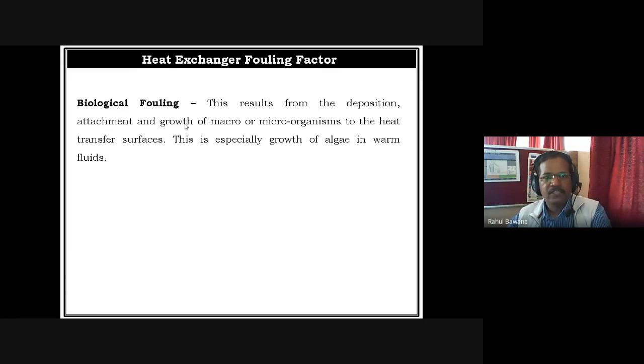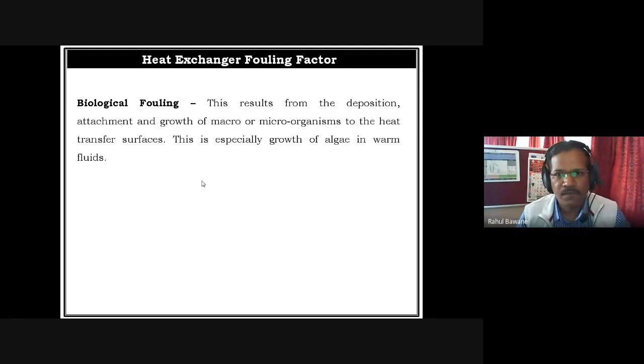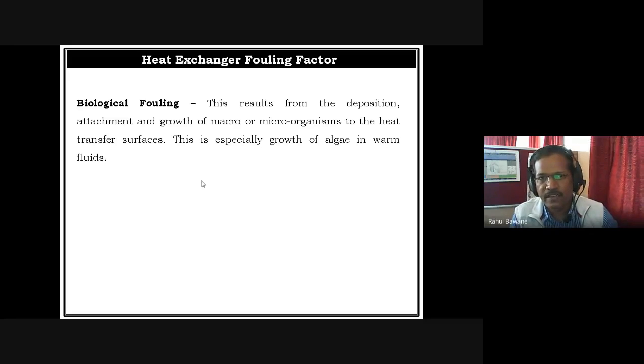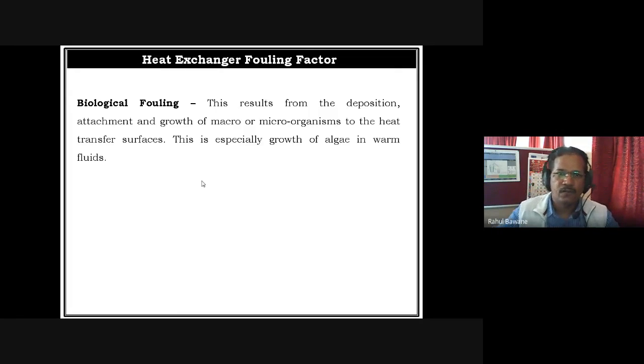Now biological fouling. What is biological fouling? Many times algae is formed. Even if you visit any IC engine setup with cooling water and a glass tube rotameter, after some time of water flow you may find green-colored algae formation. That is called biological fouling.